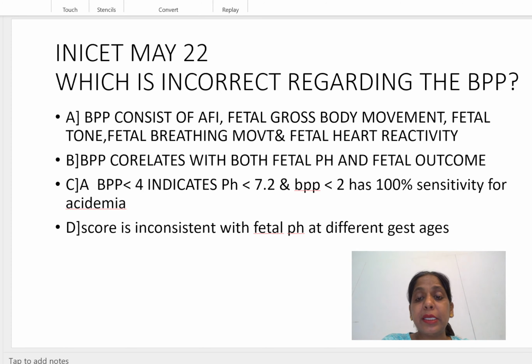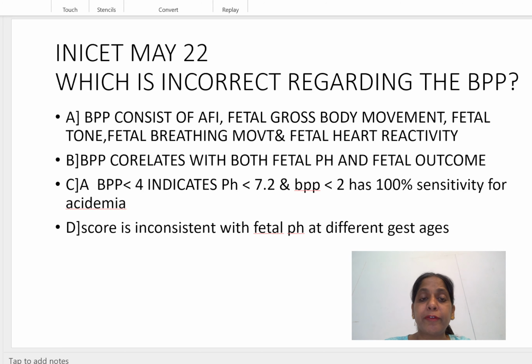So let's see. We have to tell what is incorrect. First option: biophysical profile consists of AFI, fetal gross body movement, fetal tone, fetal breathing movement, and fetal heart rate reactivity. Next: biophysical profile correlates with the fetal pH and fetal outcome.